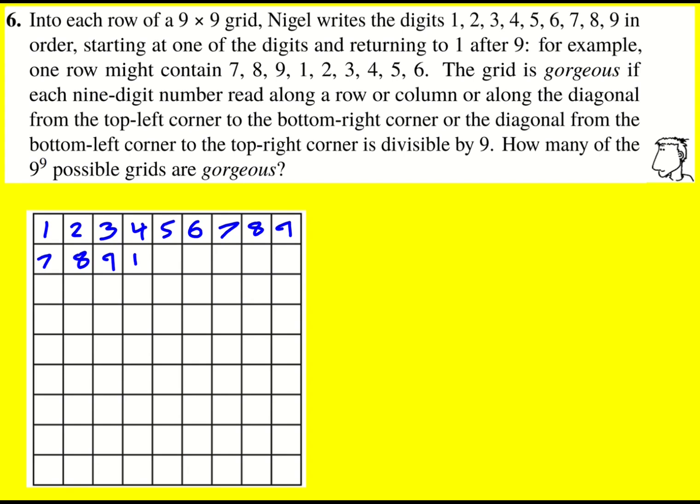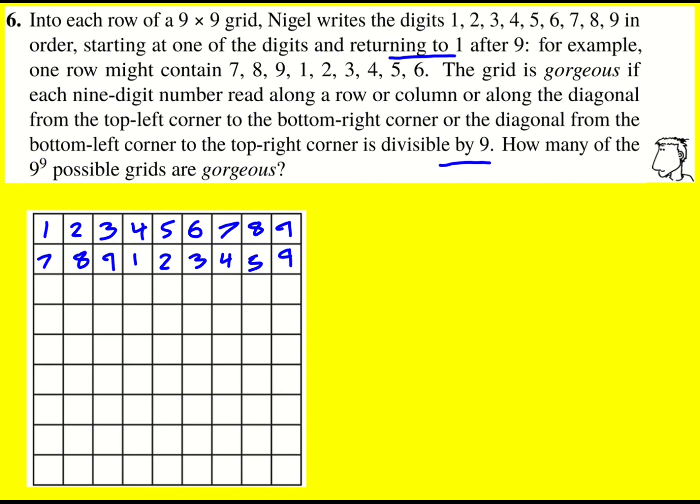And then when we get to 9, return to 1 again. Okay, and so we're interested in the total number of grids that we can make that are considered gorgeous, such that the numbers read along the rows, along the columns, and the two diagonals are divisible by 9.